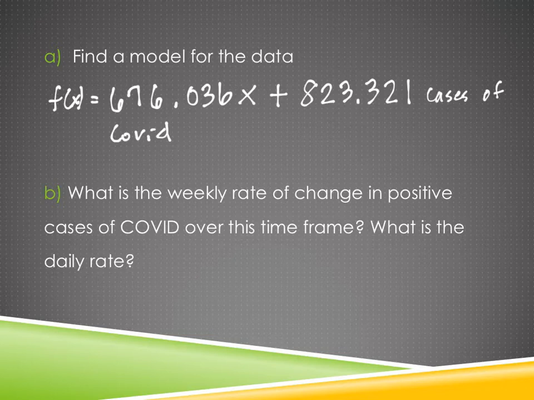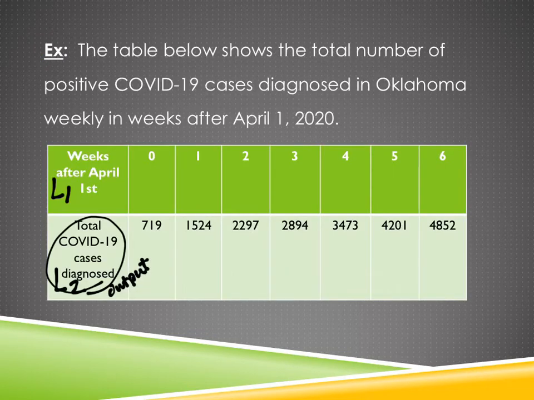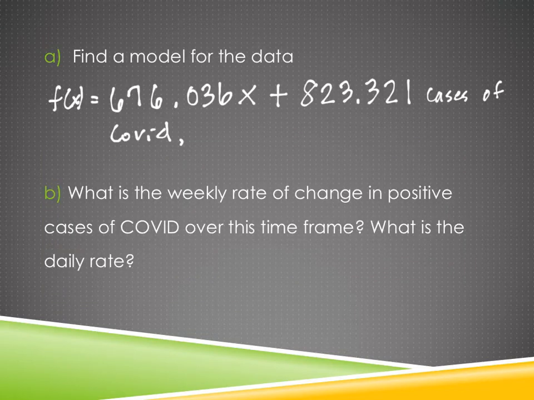Okay? The next thing on that list of things I'm supposed to include said I needed to talk about the input. Well, the input is the L1. So over here on input, what is L1? Weeks after April 1st. I know, it's like we're just reading it out of a table, isn't it? It is, and that's exactly what we write down next. We say weeks after April 1st.